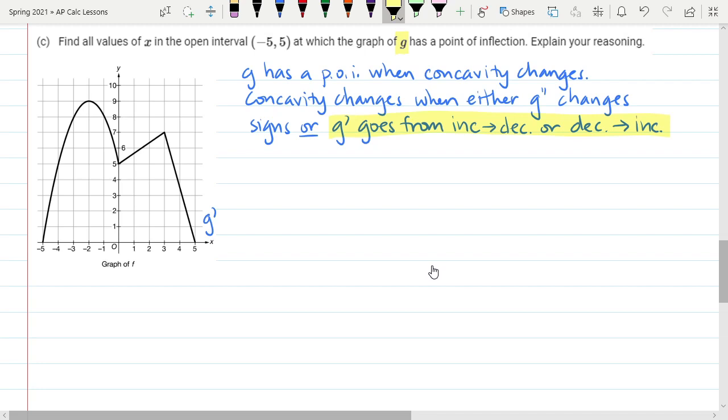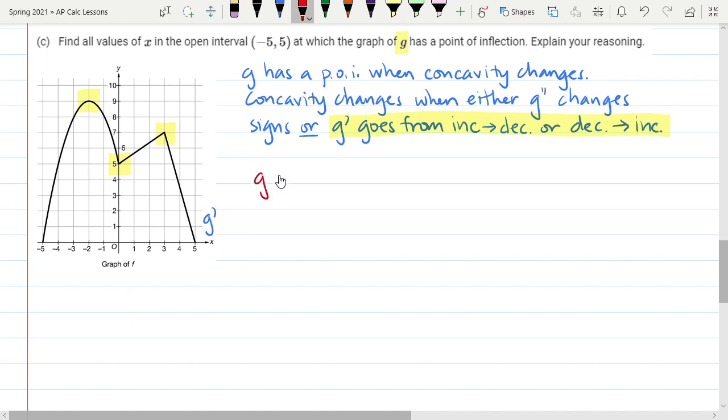Okay, so if I look at my graph, clearly, g prime does change from increasing to decreasing right up here when x is negative 2. The graph of g prime changes from decreasing to increasing here at x equals 0. And once again, g prime changes from increasing to decreasing at x equals 3.